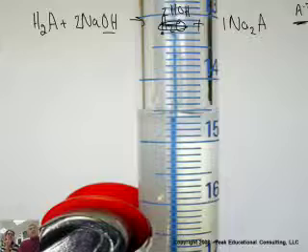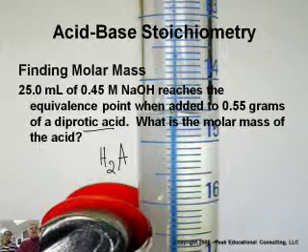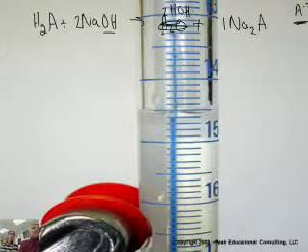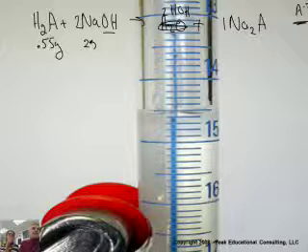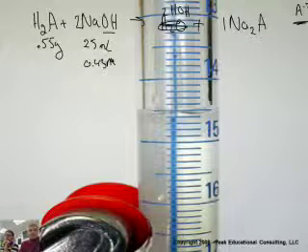So let's see what we know. I don't remember what we had. We had 0.55 grams, 25 milliliters of 0.45 molar. Wasn't that the same number of moles? No, we had 15 milliliters last time.